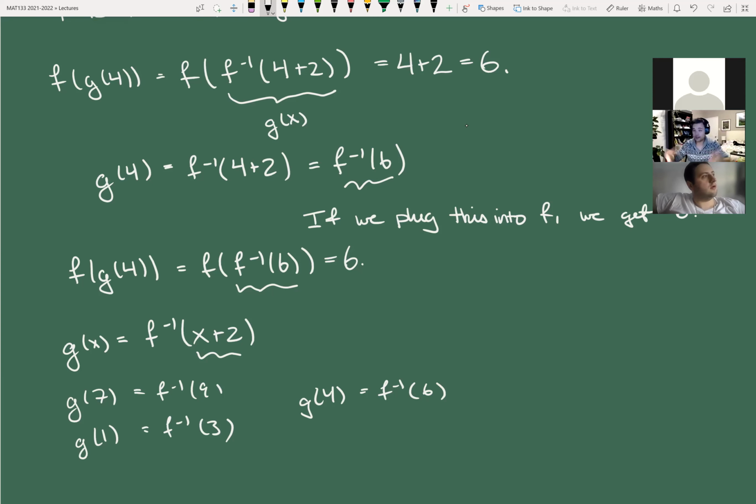What's the net effect of that? The output didn't change. It just went back to itself. So composing a function with its inverse, the functions just cancel each other out and you're just left with the thing that you plugged in to begin with. Okay, so that's a really useful and important way of thinking about what an inverse function does.